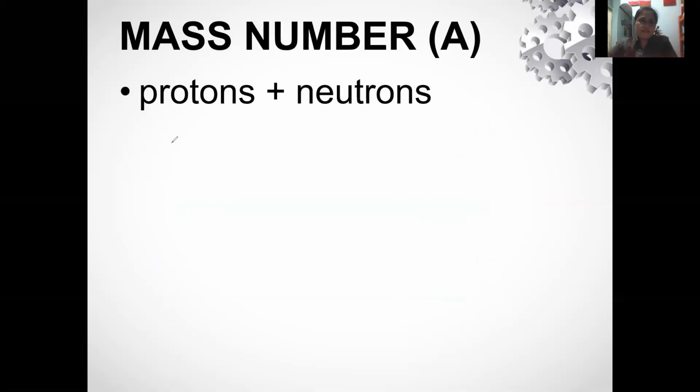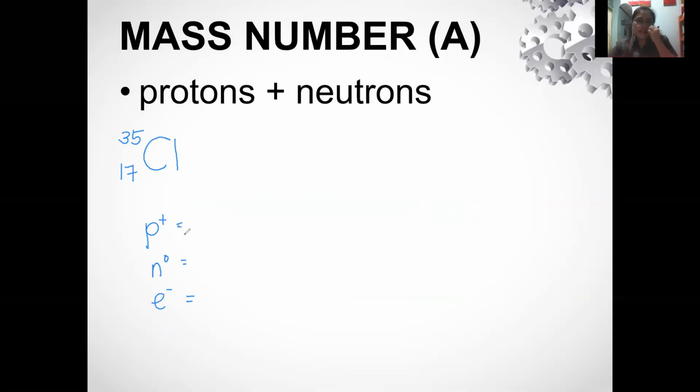We have chlorine. The atomic number of chlorine is 17 and the mass number is 35. We have protons again, neutrons, and electrons.